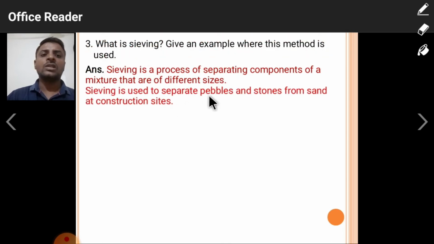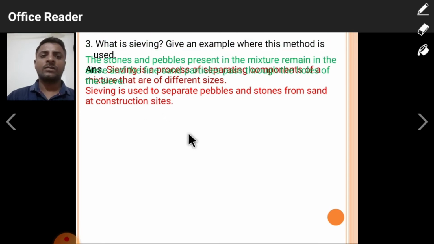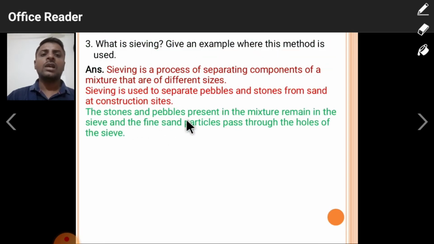Sieving is used to separate pebbles and stones from sand at a construction site. The stones and pebbles present in the mixture remain in the sieve and the fine sand particles pass through the holes of the sieve.